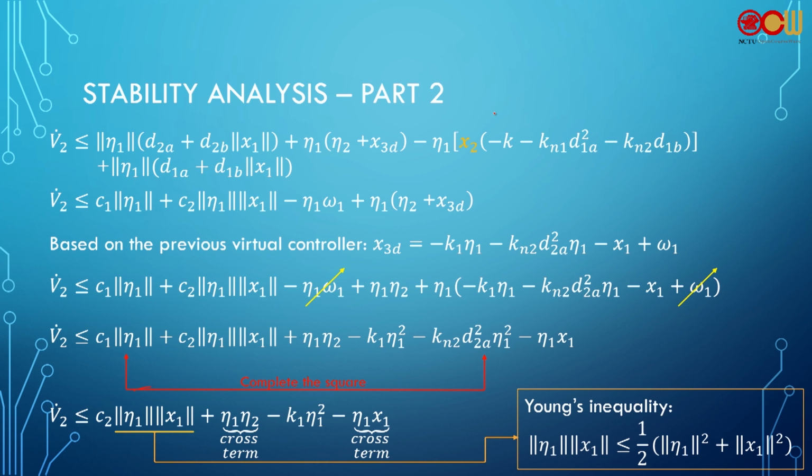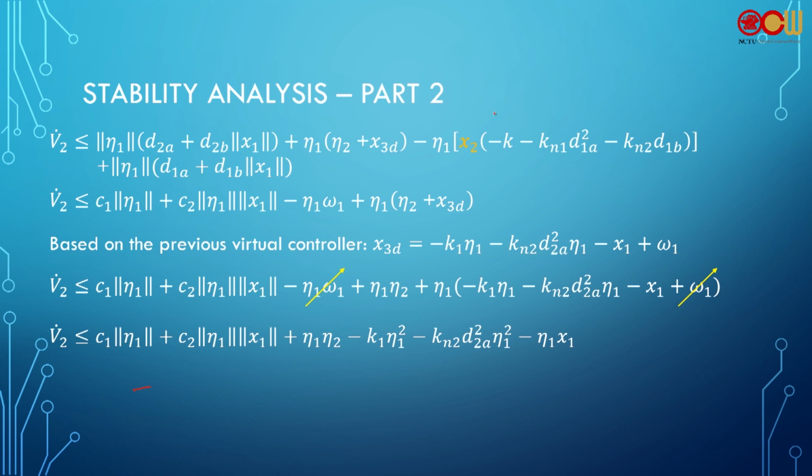If it's just eta 1 norm, there's no way you can convert this into a square term. But if it's taking the product with some other variable, eta 1 is the variable for the second system, x1 is the variable for the first system, then you can do Young's inequality to create these square terms. And that goes to different systems, combined with the good terms.